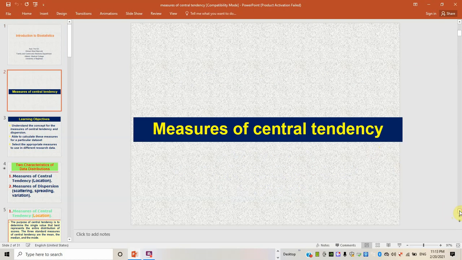محاضرتنا لهذا اليوم هو Measures of Central Tendency.